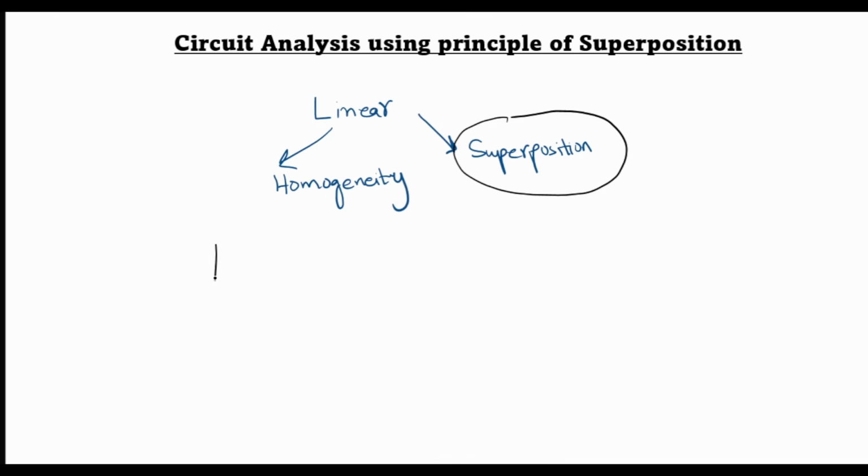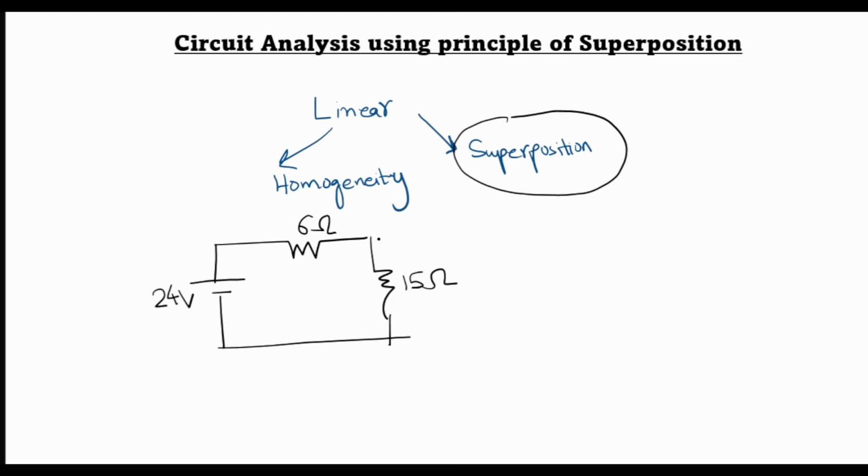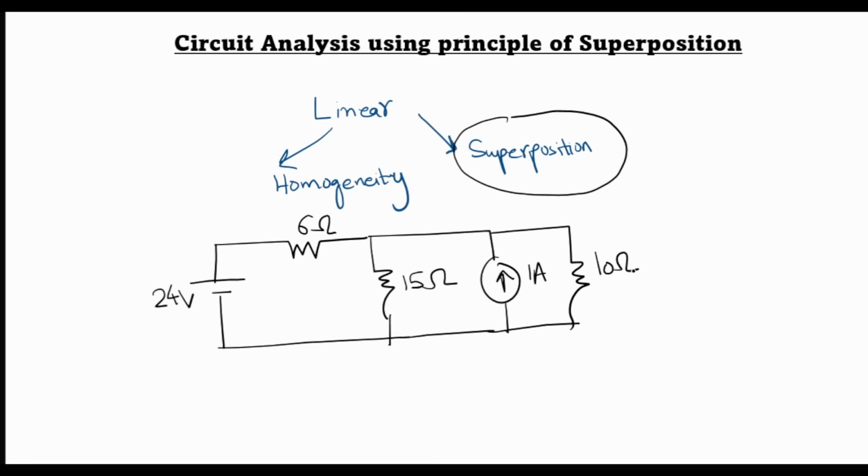So if I have a linear circuit like this, for example, I have a 24 volt battery connected to a 6 ohm resistor, then a 15 ohm resistor here, then I have a 1 amp current source in parallel with a 10 ohm resistor. Let's say we are interested in finding the current through the 10 ohm resistor.